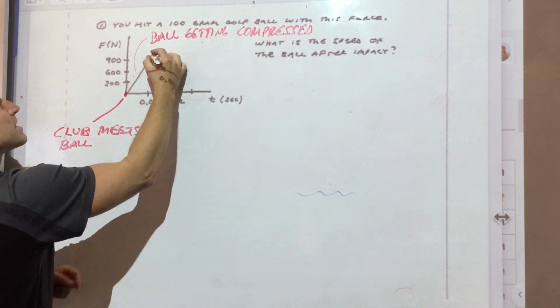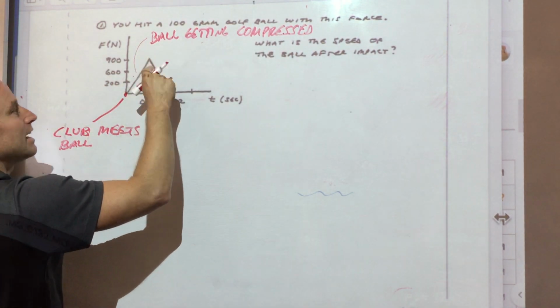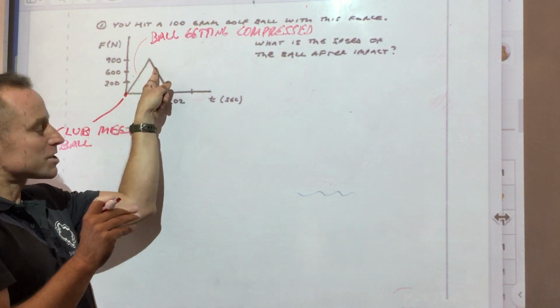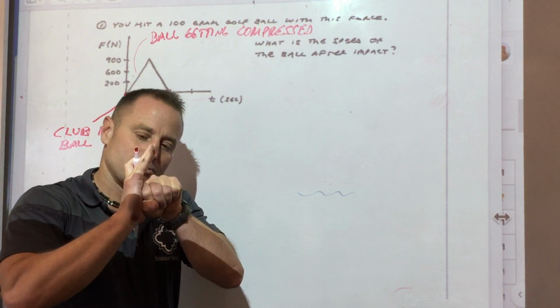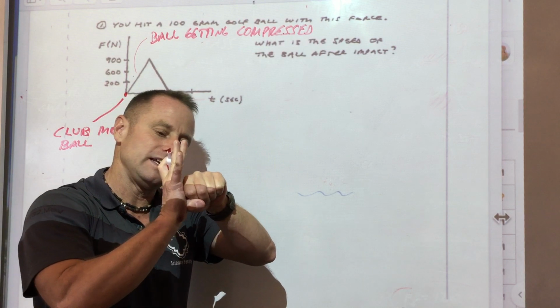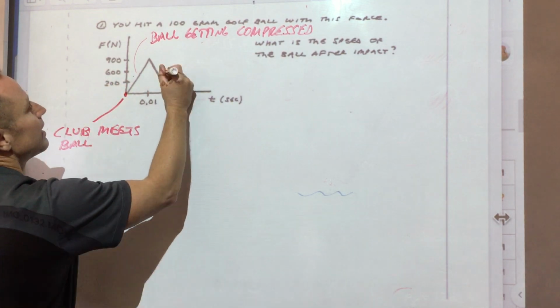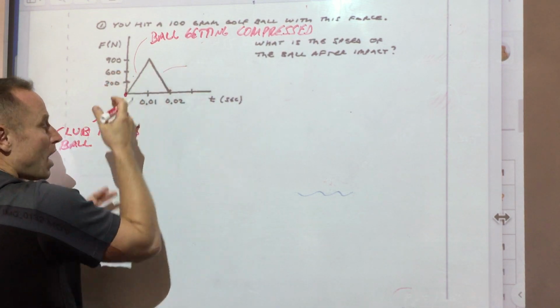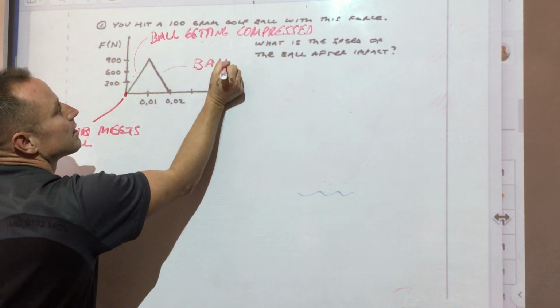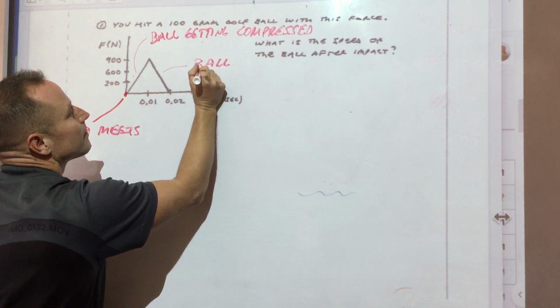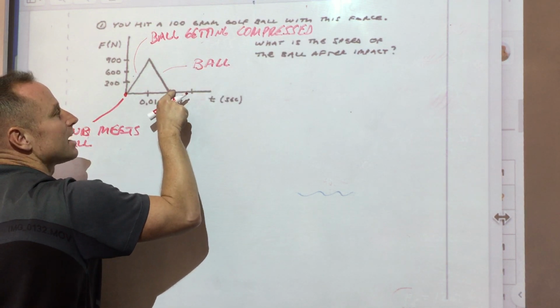This is basically where the max force is. You can see it. Now the force starts to decrease. That's because you've brought the club in, bam, it's hitting the ball, it squeezes it. Now the ball's going to start to leave the club face, right? So the ball is leaving the club face. And here's where it actually loses contact.